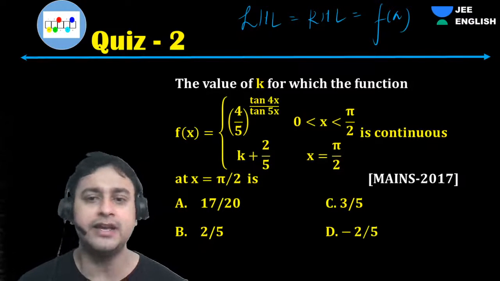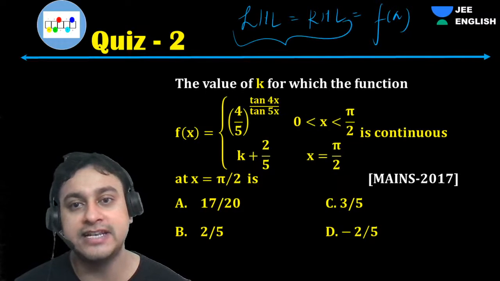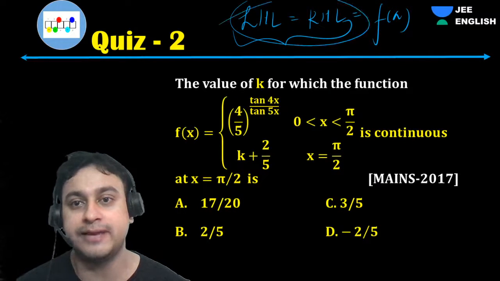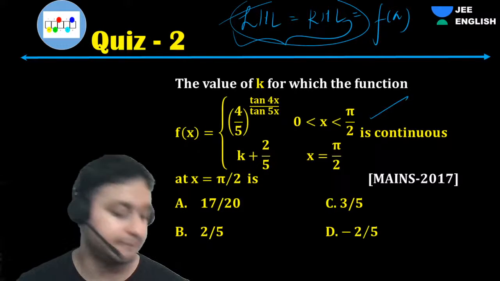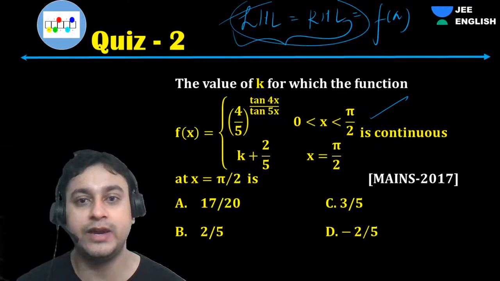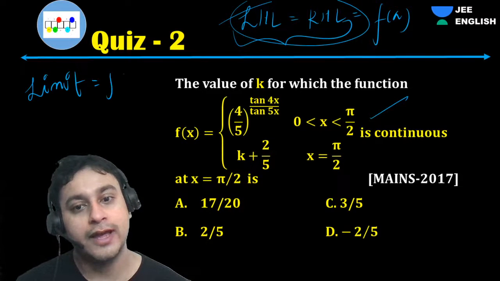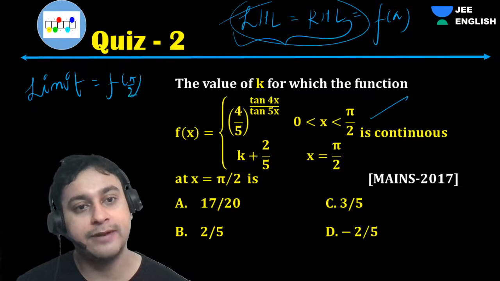The function is breaking before pi by 2 and after pi by 2. You need not calculate LHL and RHL separately because both will be the same, since they have the same condition. So you simply equate your limit to f of pi by 2, which is already given as k plus 2 by 5.